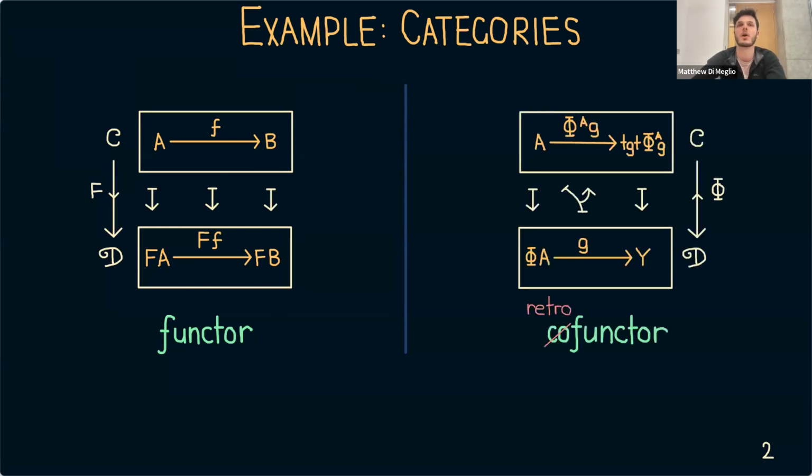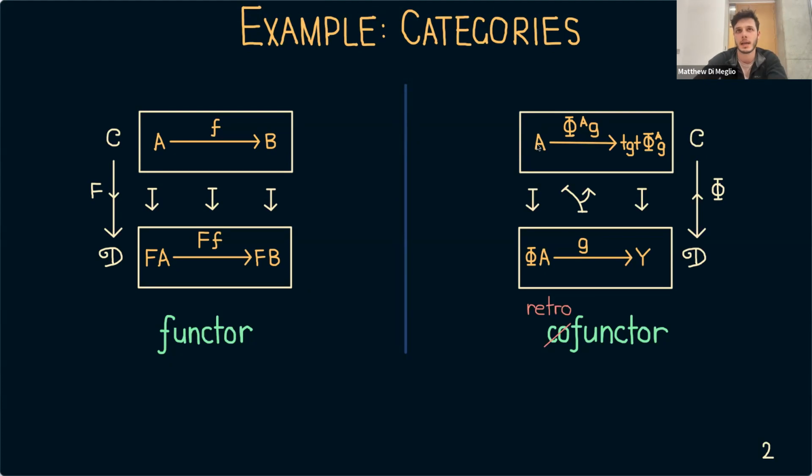What is less commonly considered, but certainly of more recent interest, is this notion of cofunctor. A cofunctor between categories, phi from C to D, consists of a function between their object sets, so every object in C gets mapped to an object in D, but the action on morphisms is in the other direction.